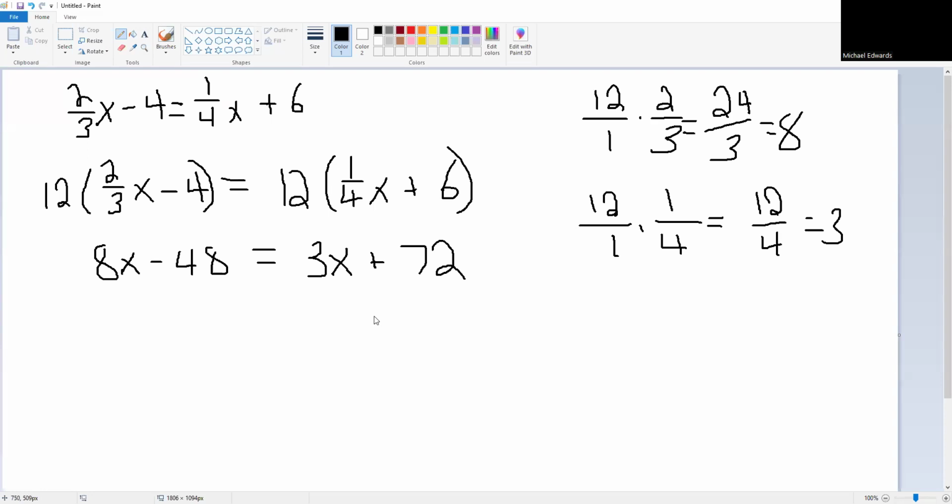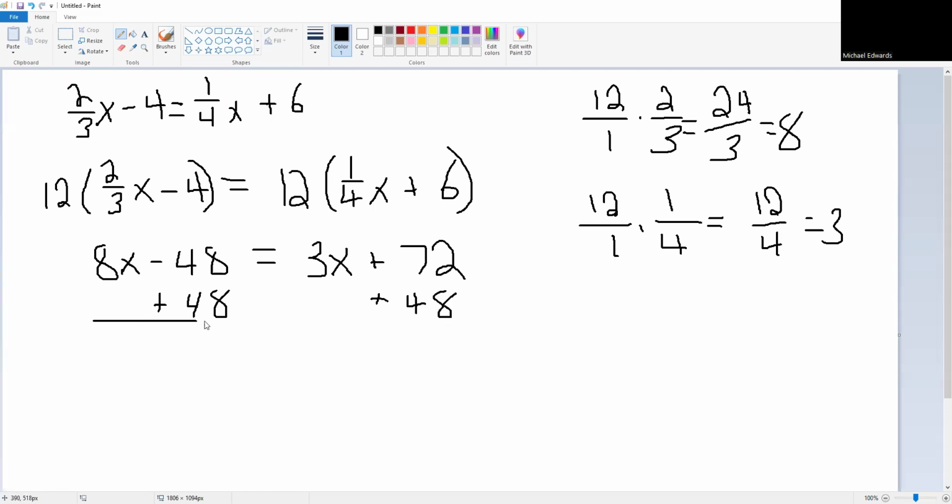Now we've simplified it. We need to get the variable on one side by itself. There are several ways you could work this, but I just choose to move the 48 over first.